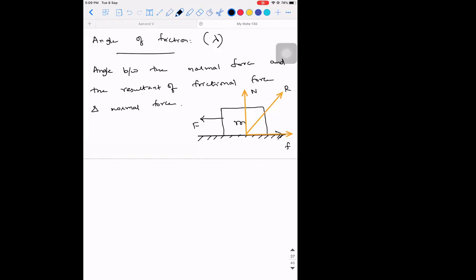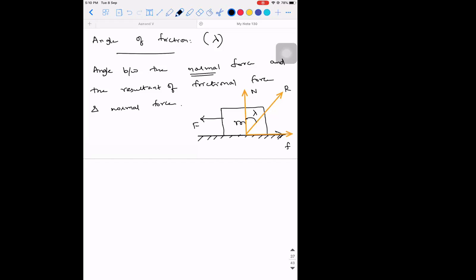So is it clear till this step? Yes, sir. So what is the definition saying? It is the angle between the normal force and the resultant of the normal and the frictional force. This is the angle they are trying to speak about, lambda.